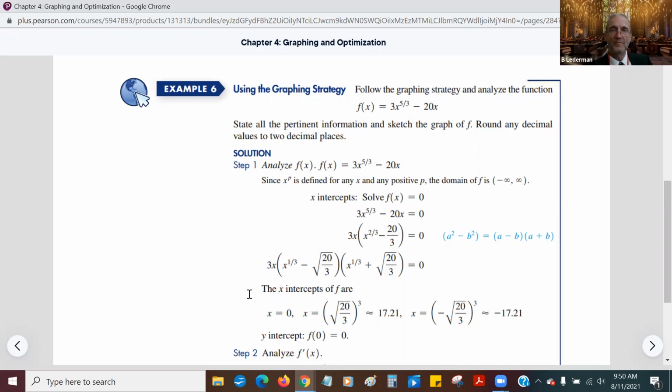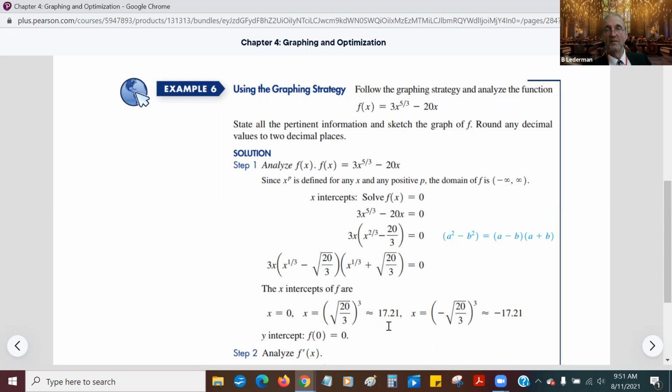The x-intercepts are x equals 0, x equals root 20/3 cubed, because if x to the 1/3 equals root 20/3, that means x equals root 20/3 to the 3rd power.